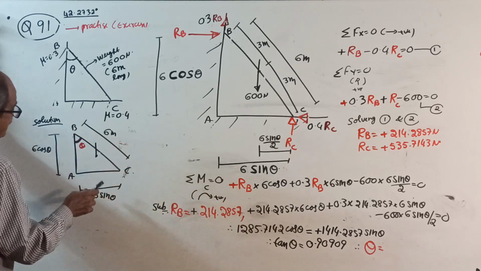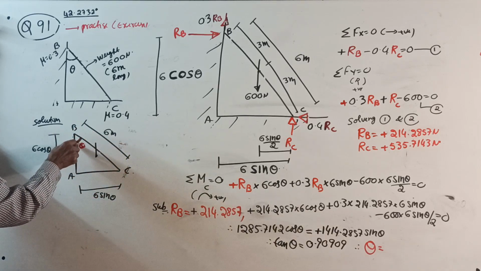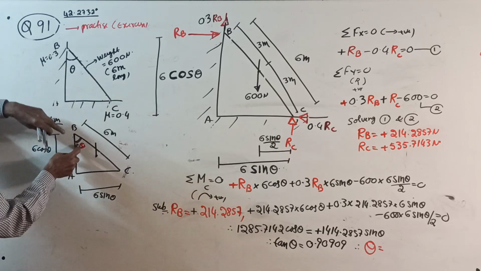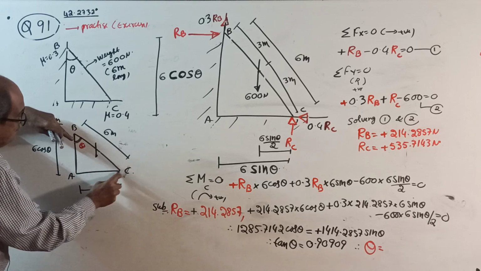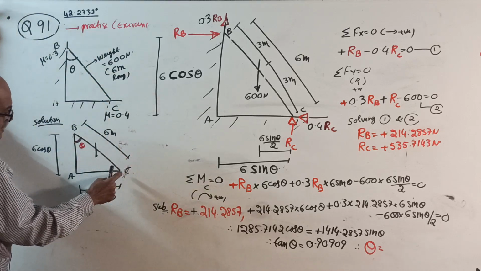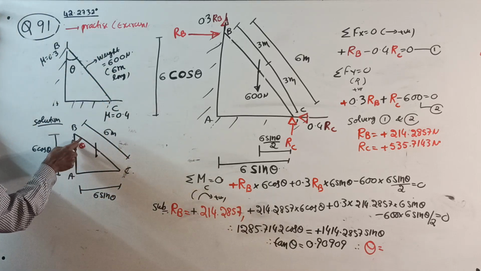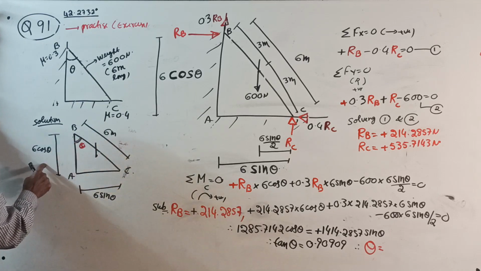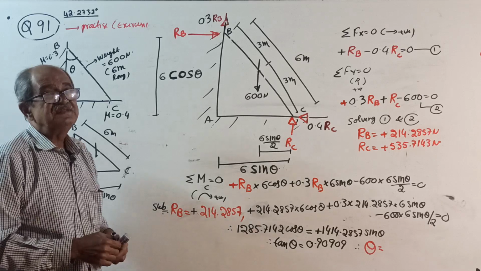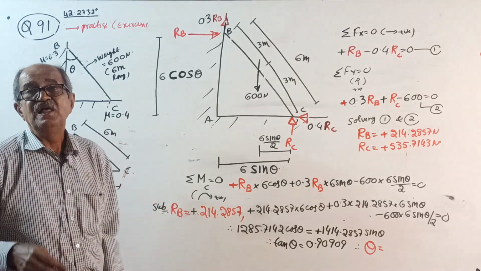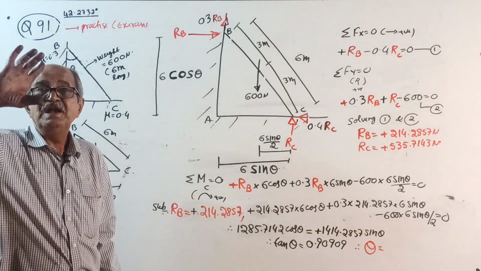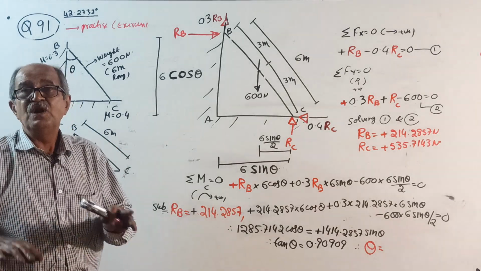If you have difficulty, write here: sin theta equals AC by 6, so AC will become 6 sin theta. Cos theta equals AB by 6, so 6 cos theta. Since theta is with vertical, vertical height will be cos and horizontal is sin.